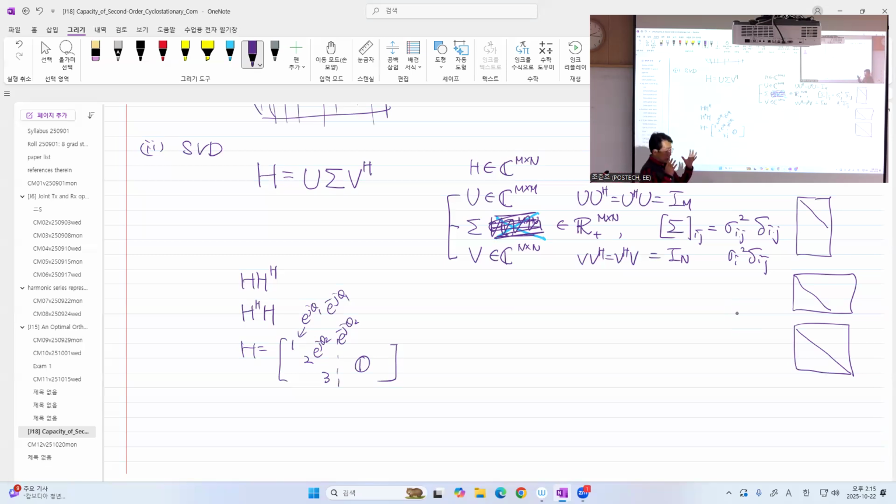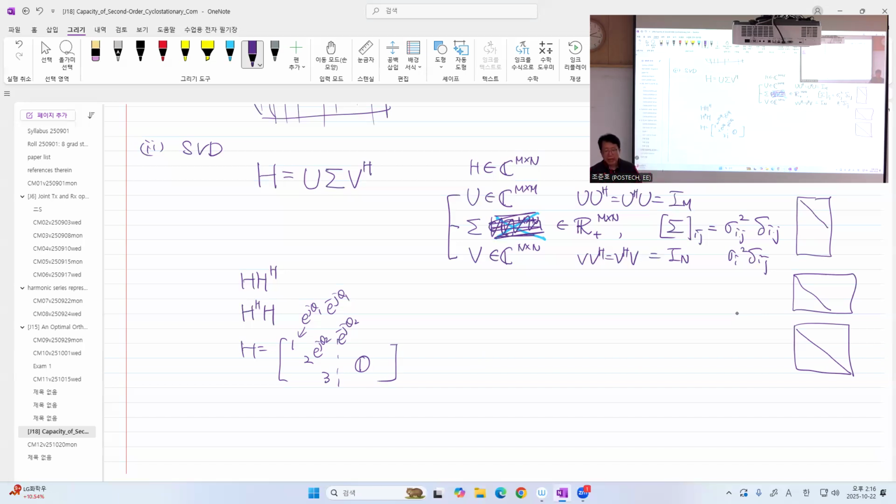So mathematically, precisely speaking, SVD does not give you a unique decomposition, but in some sense of phase rotation and, how to say that, reordering of singular values, and accordingly the reordering of left and right singular vectors, you have a kind of equivalence classes.